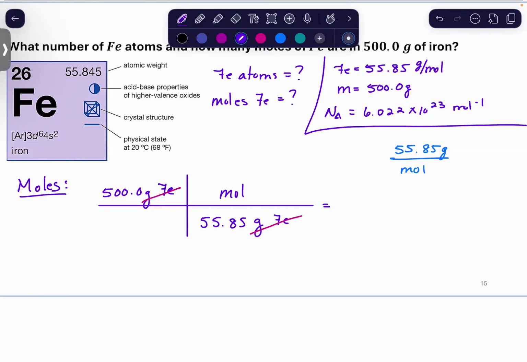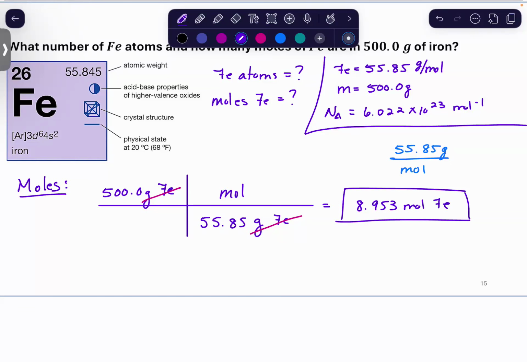And so 500 divided by 55.85 is going to be 8.953 moles of iron. Again, I do it in a way where I'm chasing units.